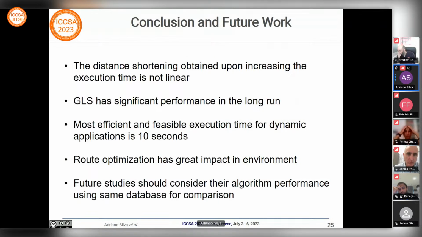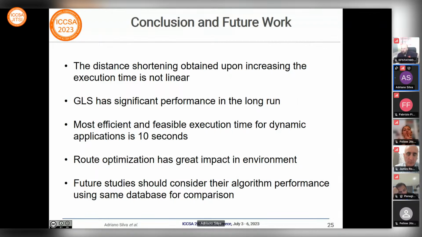To conclude, the distance shortening obtained upon increasing the execution time was not linear, as you could observe, which means that increasing 3 seconds would not return a linear increase in the performance of the algorithm, which was already reported in the literature as well.